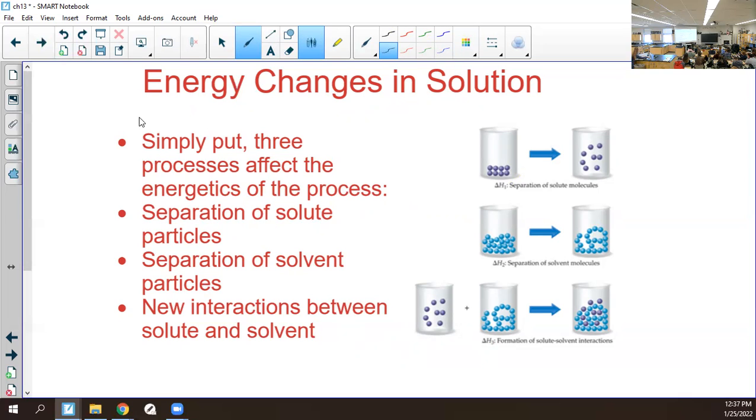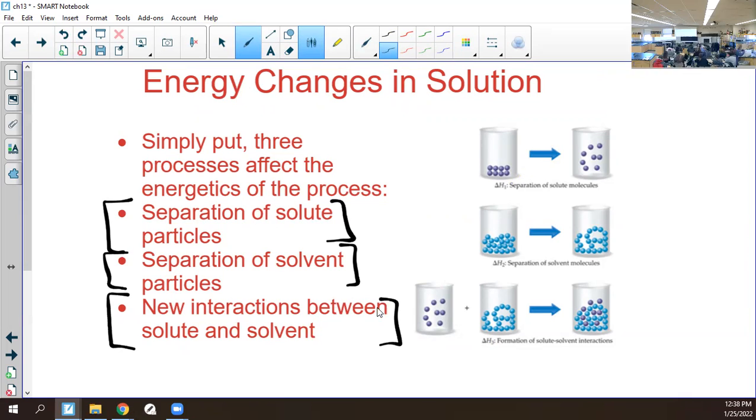Simply put, 3 processes affect the energetics of a process: the separation of the solute particles, the separation of solvent particles, and the new interaction between solute and solvent. Write what you want after I talk through this.